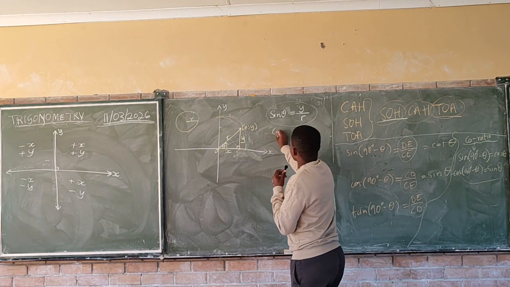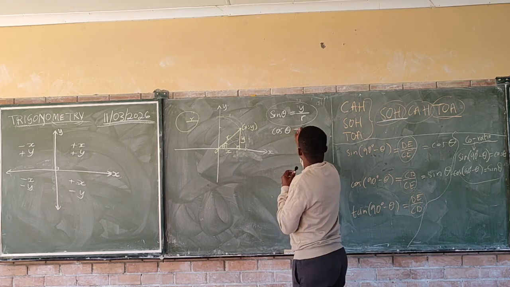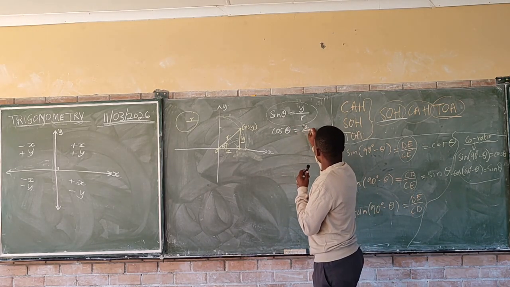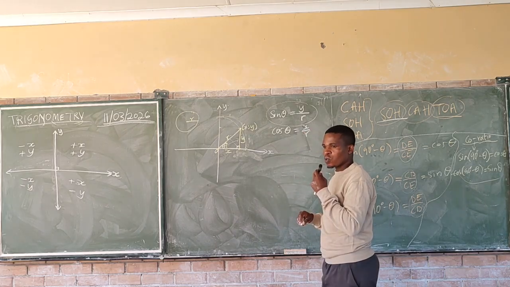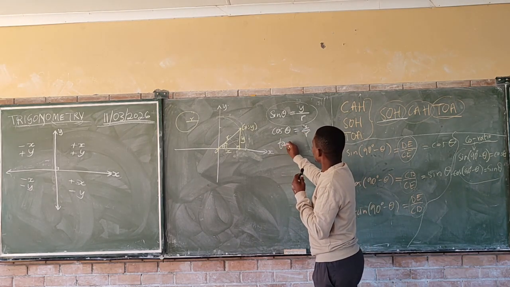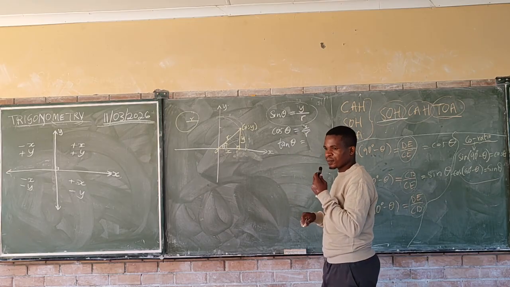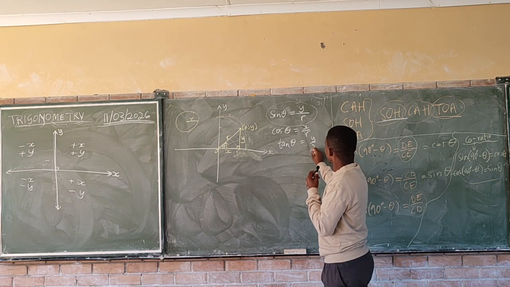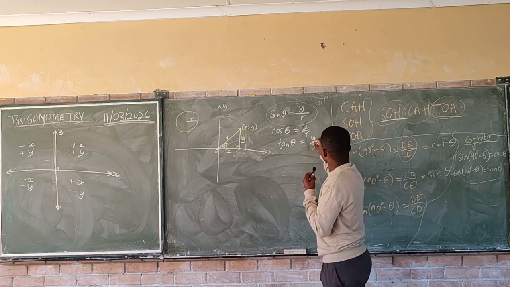So can we go to the cos? Cos of theta is x over r. Can you see that? So the tan of theta, how much will it be? y over x.